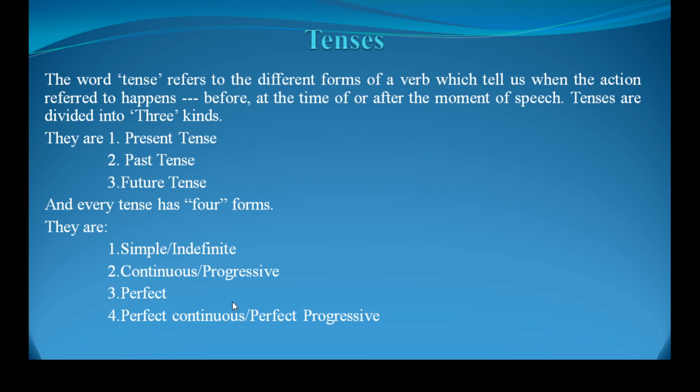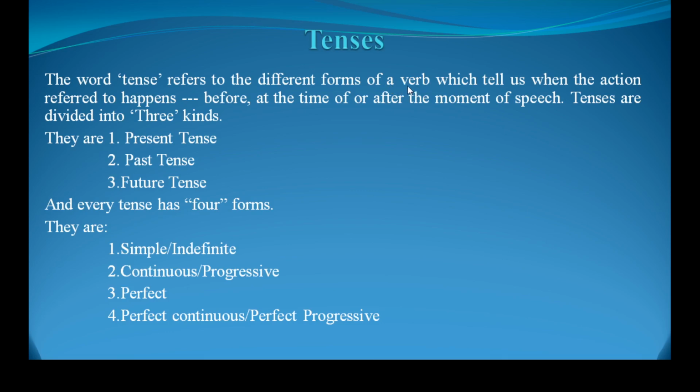The word tense refers to the different forms of a verb which tell us when the action referred to happens before, at the time of, or after the moment of speech. Here, the word tense refers to the different forms. That means here the verb plays a vital role.